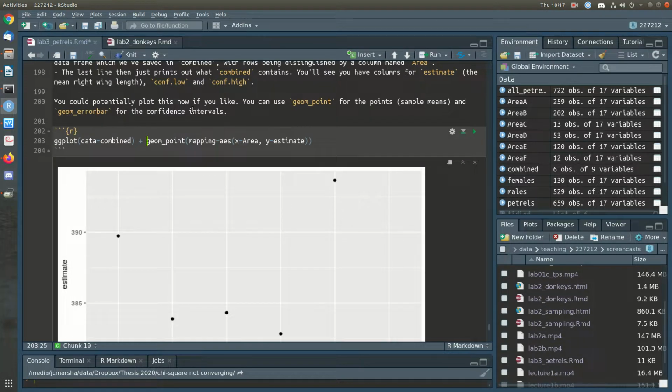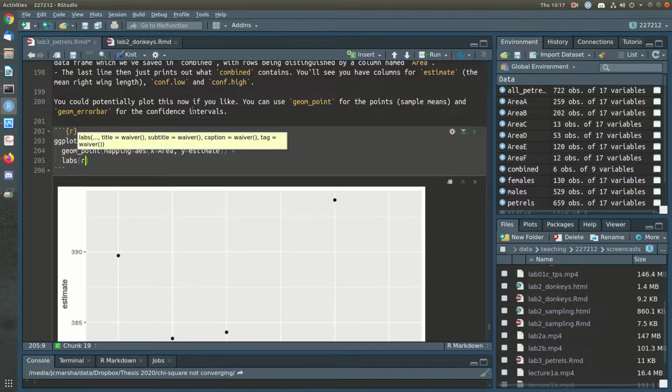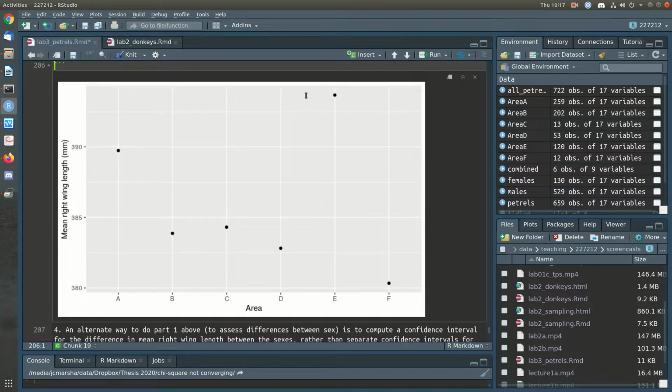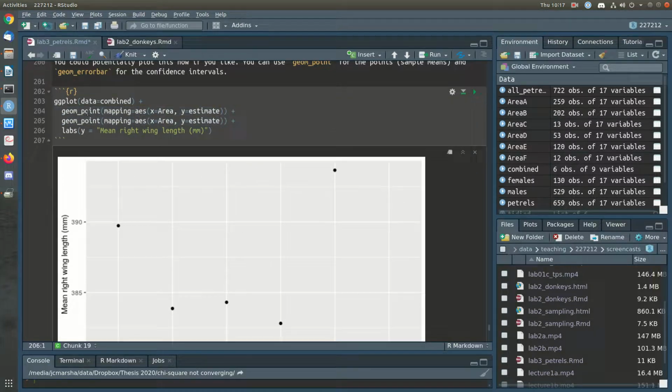Let's perhaps add that in. So we can see that area E is bigger, but we've got no uncertainty on there. We've got no confidence bars on there, and we could use geom_errorbar for that. So we're just going to take our geom_point and replicate it. geom_errorbar.